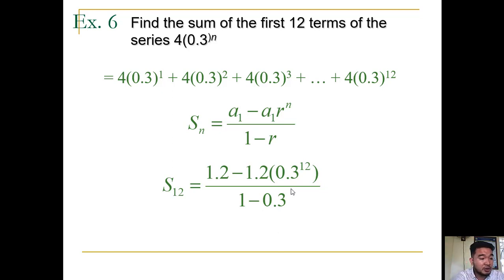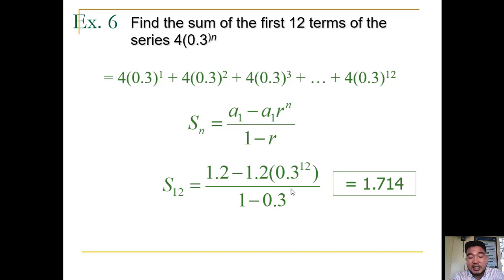And then 1.2 minus the answer is equal to 1.19999. And then divide nyo lang siya by 1 minus 0.3. So you will get an answer of 1.714. So that is already the sum of the first 12 terms of the series 4 times 0.3 raised to n.